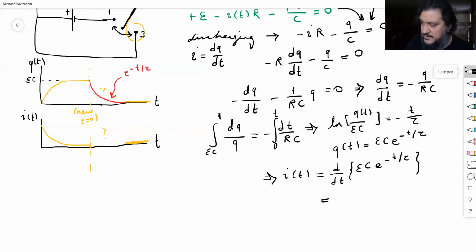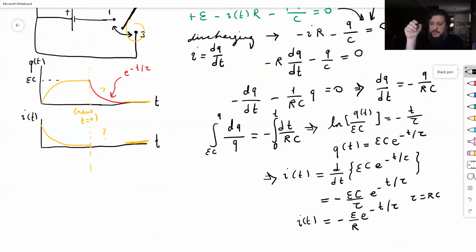See, I have a negative in the exponent, so this will be negative EC divided by tau times e to the negative T over tau, and tau is RC. So I is negative E over R, right? The C's cancel. Tau is RC. So EC over tau is E over R, times e to the negative T over tau.